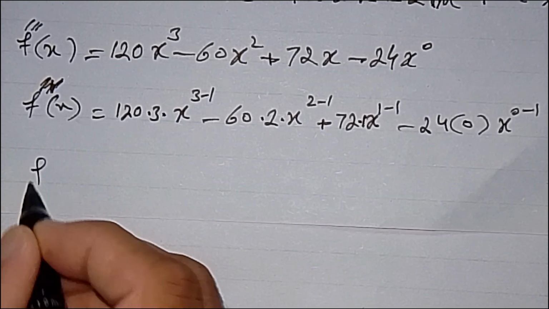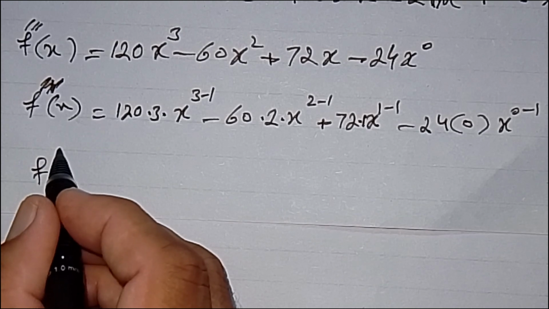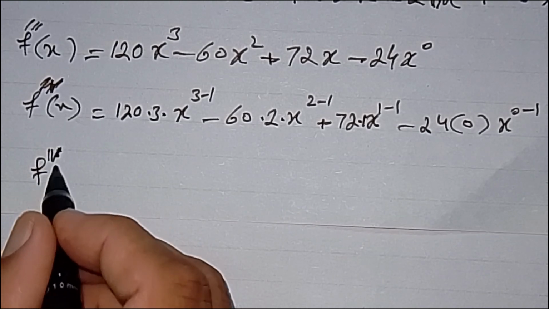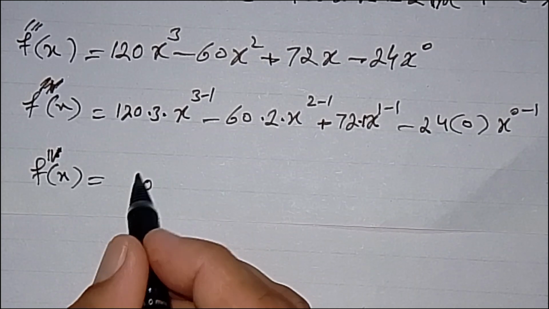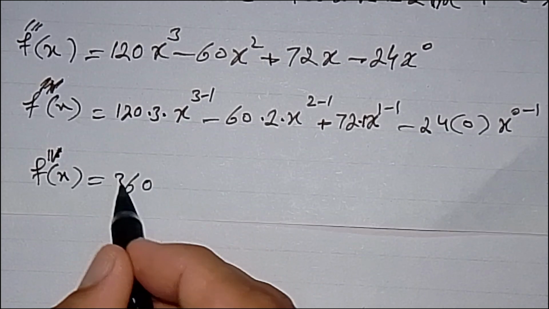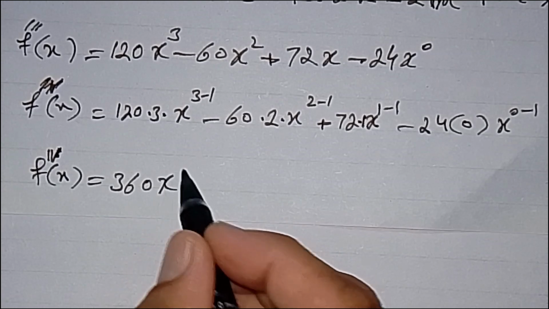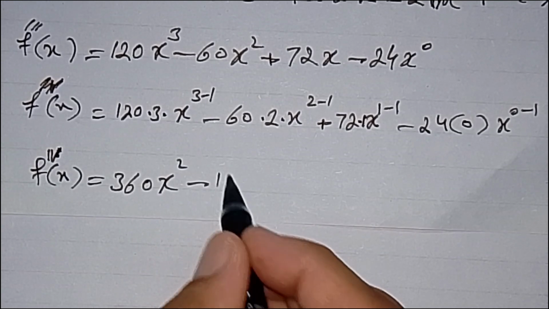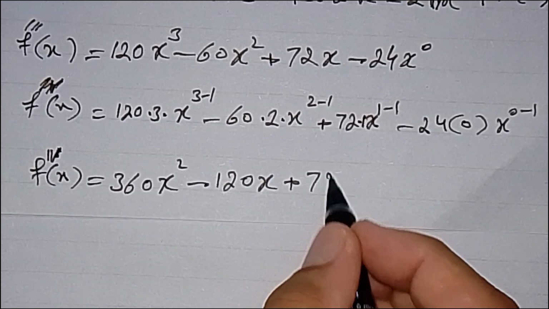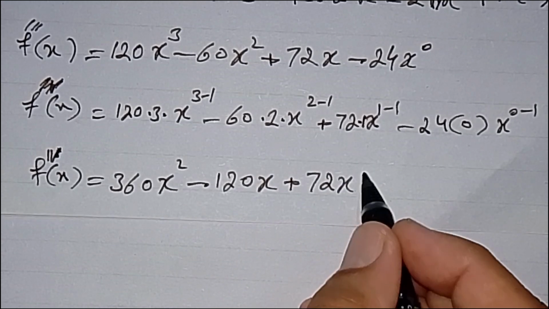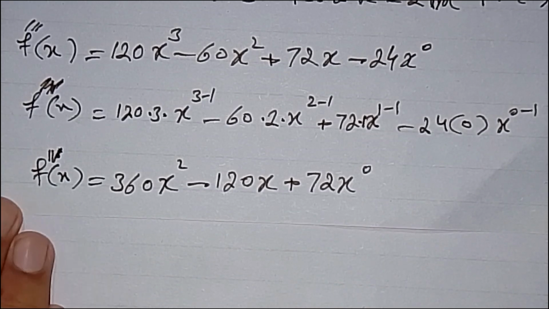So f 4 x is equal to 360 x square minus 120 x plus 72 x raised to the power 0. This is our fourth derivative.